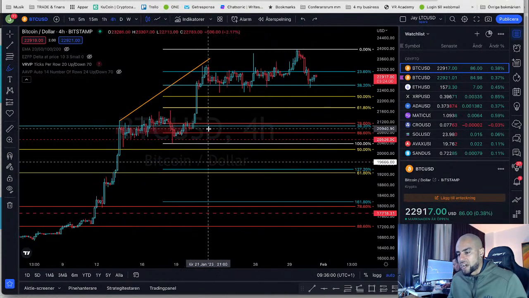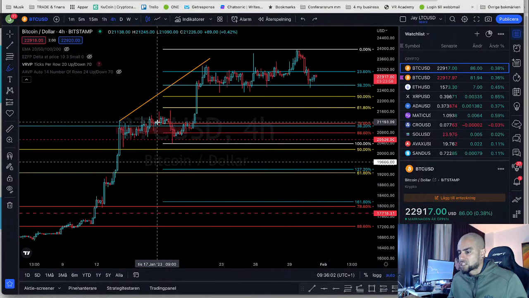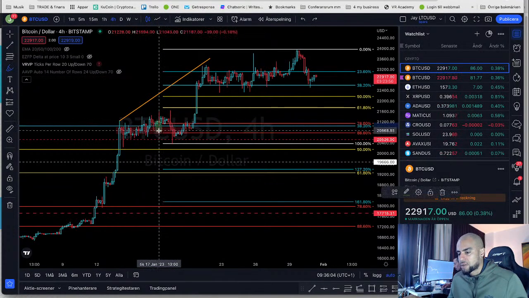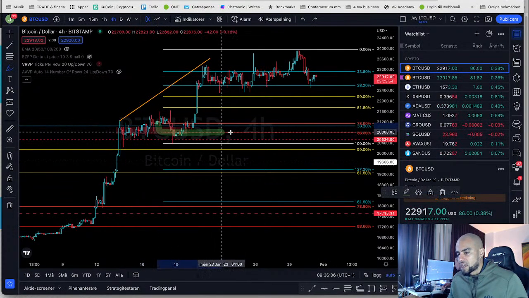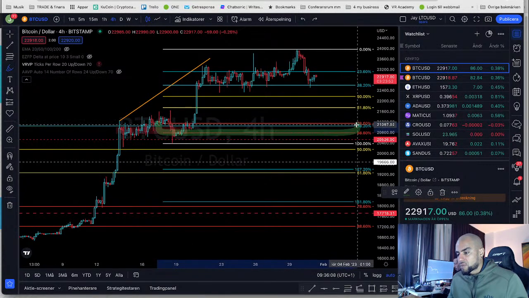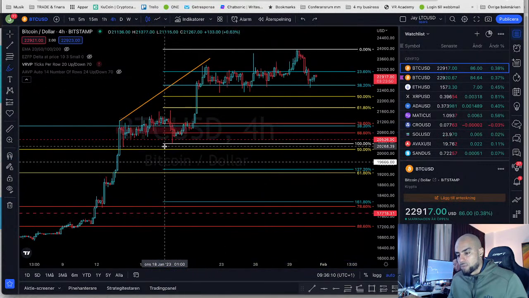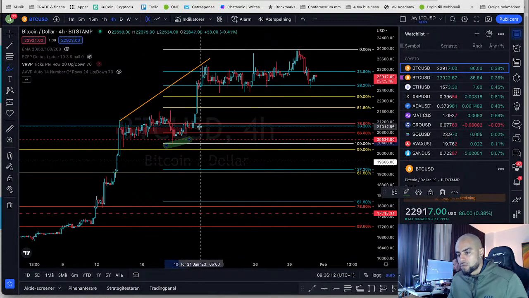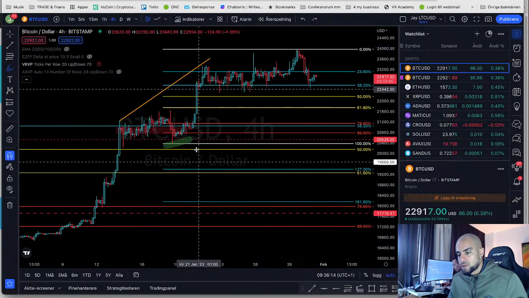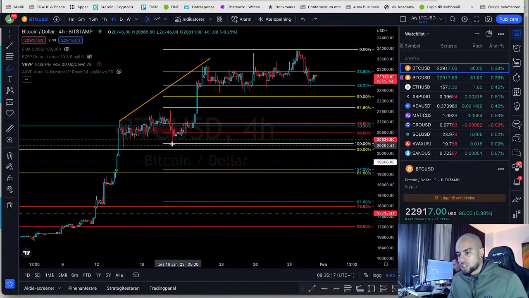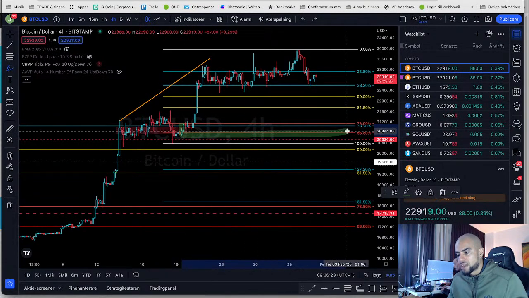And also at the same time here, I know it gets complicated now, I'm sorry for that, but I have to keep it like that right now. Confluent with that, from this swing, from this bottom to this top, this whole swing, this Fibonacci of this swing shows us that we have a strong demand zone here.